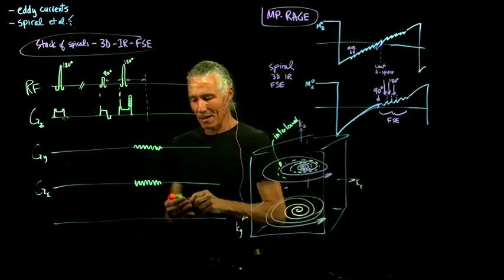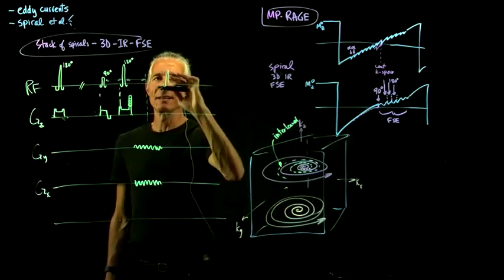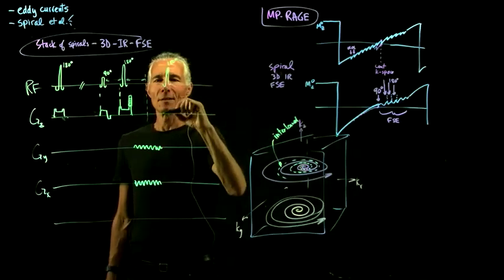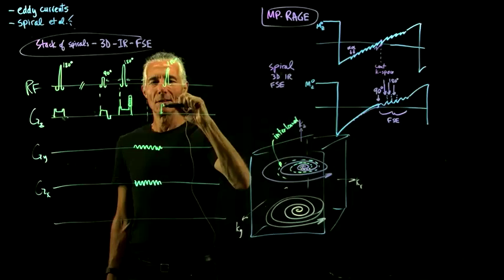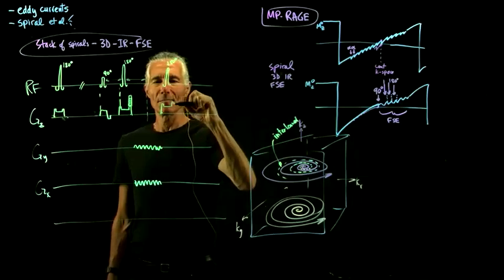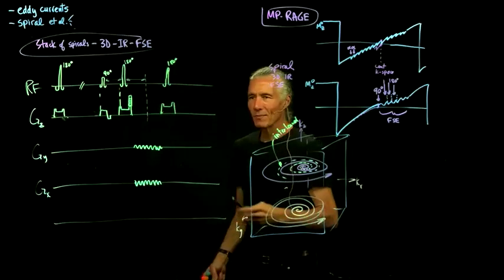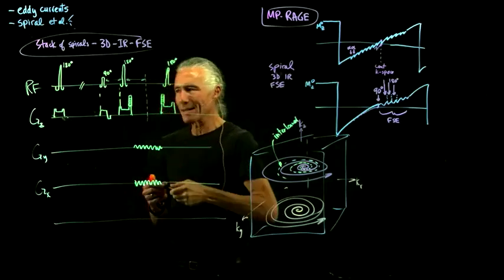And then we do another 180, because it's going to be an echo train. That's the fast spin echo part. And so here's another one of those 180 type slice select pulses. But it's fast spin echo, and so we have to fix. So at this point, we've got to sort of fix wherever we ended up in K-space.